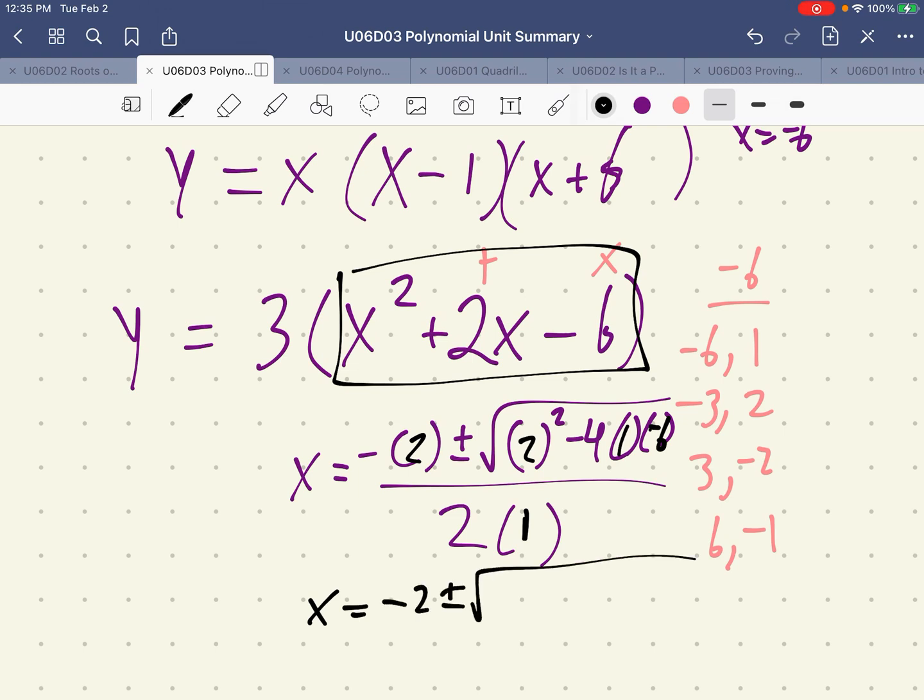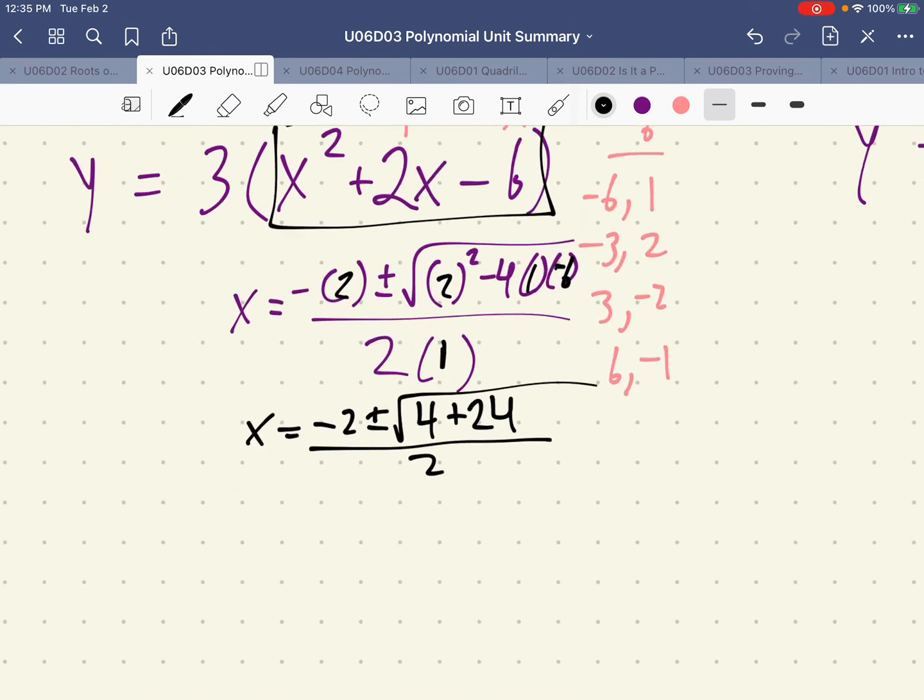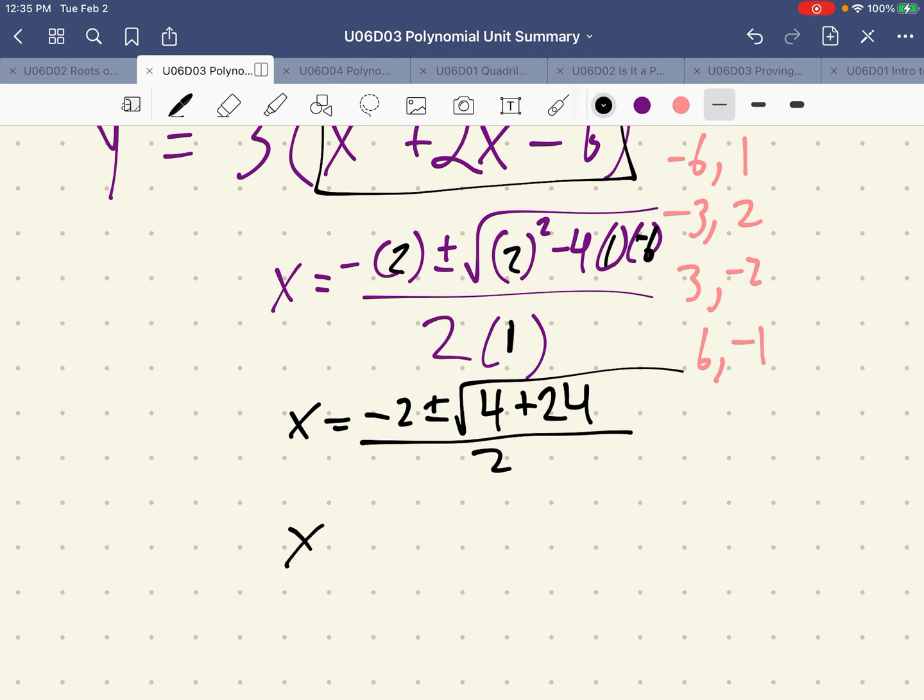So negative 2 plus or minus the square root of 2 squared is 4, minus 4 times 1 times negative 6 is positive 24. All of this is over 2. So we'll get x equals negative 2 plus or minus the square root of 28 over 2.